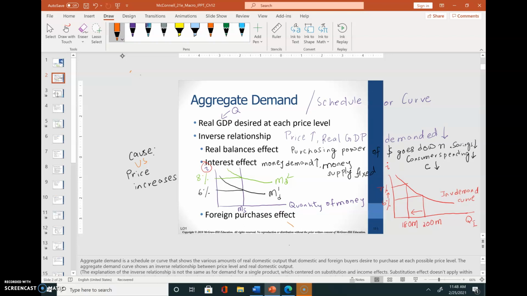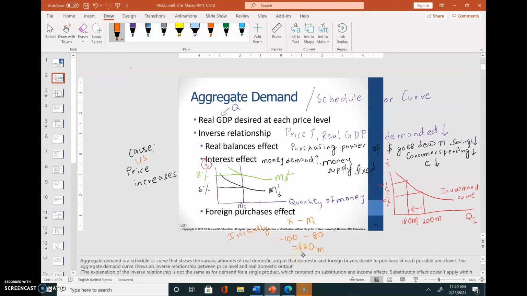So I'm going to look at this X minus M part of the aggregate demand curve. X is exports, M is imports. Let's say initially my exports are equal to $100 million, my imports are equal to $80 million. So the net exports is equal to $20 million.